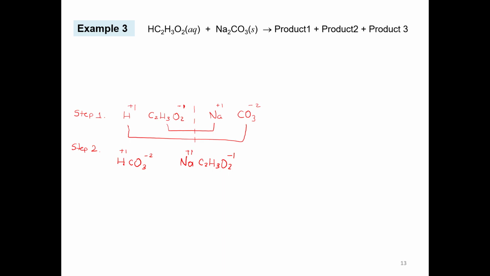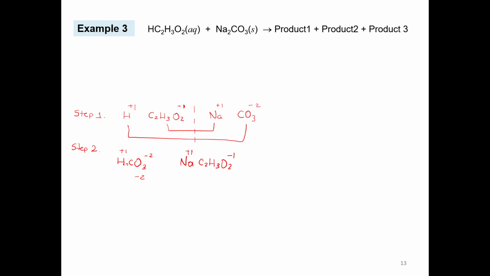Sodium is +1 and acetate is -1. Now let's see if we had neutral compounds. Then we had hydrogen, and hydrogen is +1 and carbonate is -2. We can see they are non-neutral, then we need one more hydrogen to get a neutral compound.